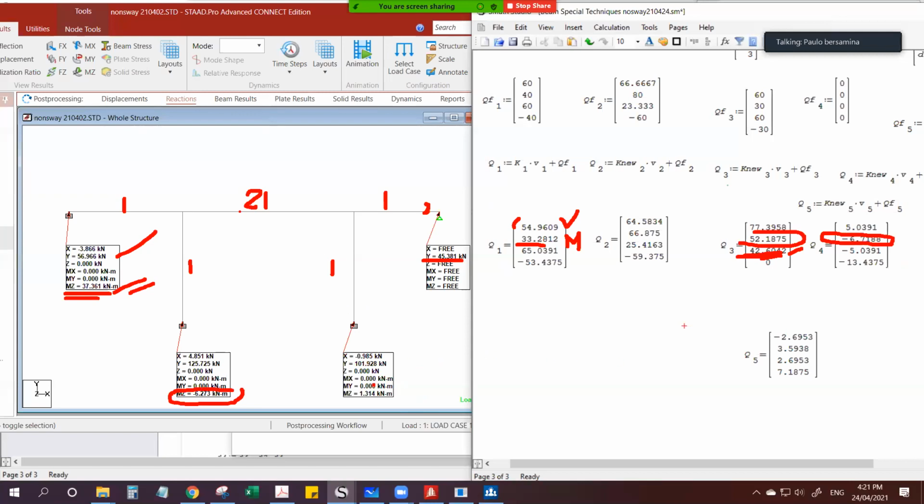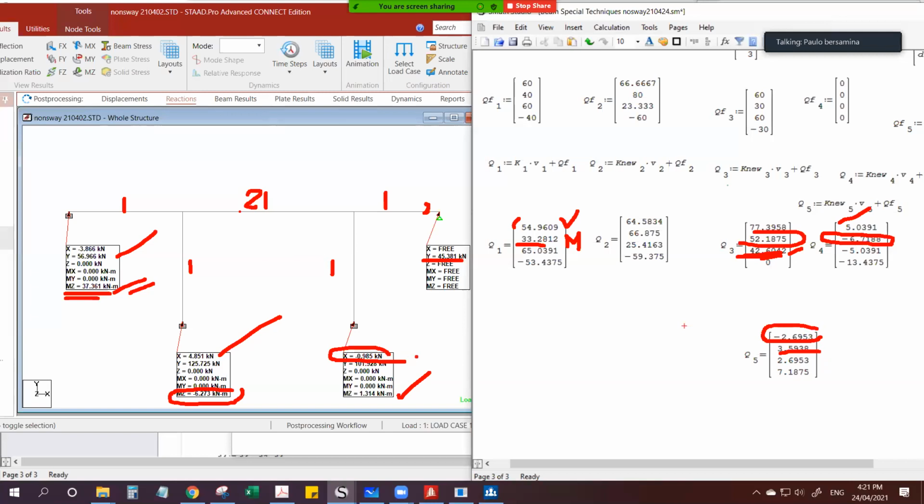For Q5, by the way, what's his hex? 4.85. I'm getting 5.04. Almost 5. For Q5, moment 1.3. I'm getting 3.6, but my shear is negative 2.7, while he got negative 1.